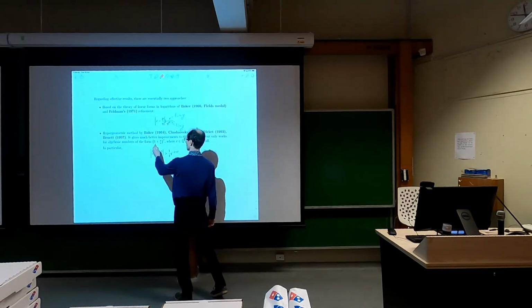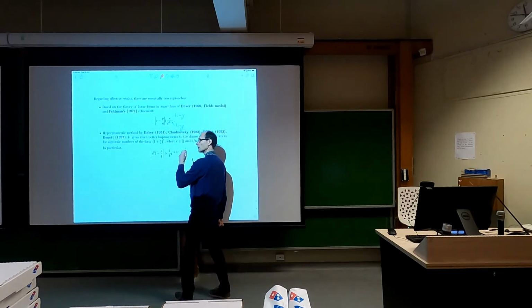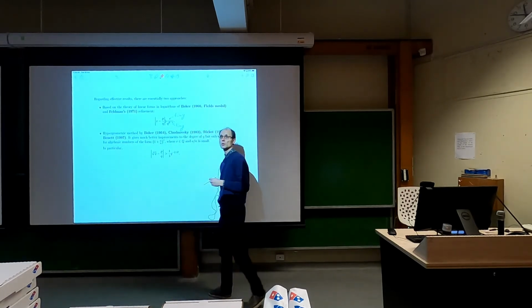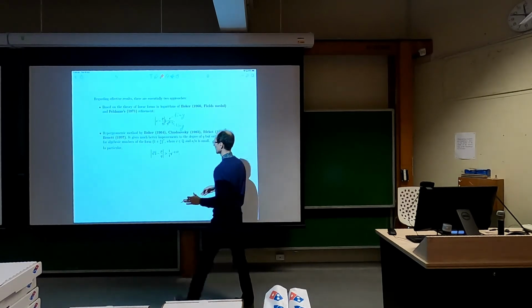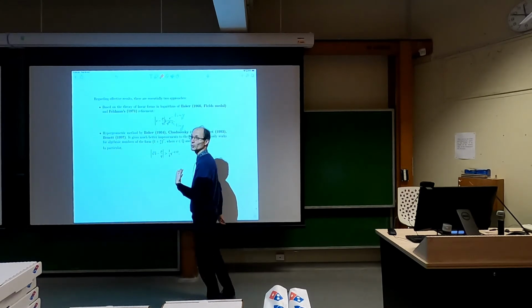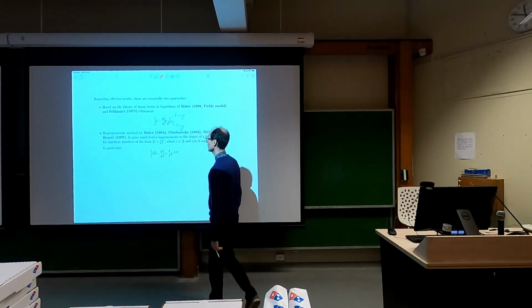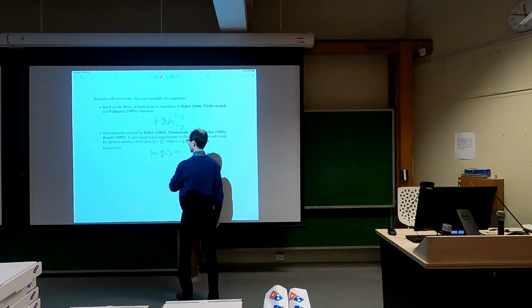So for algebraic numbers of this form, 1 plus something rational to a rational power, right? But the cubic root of 2 is of this form, right? It's 1 plus 1 to the power 1 over 3. Yeah. So, that's good for the cubic root of 2, but of course not for all algebraic numbers.